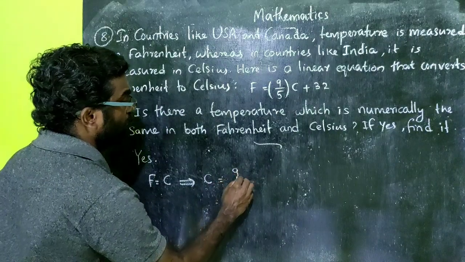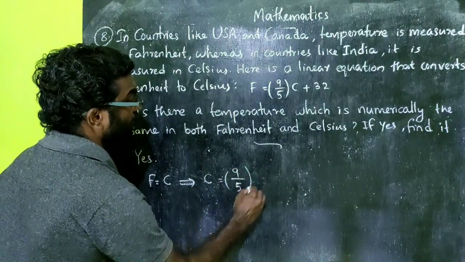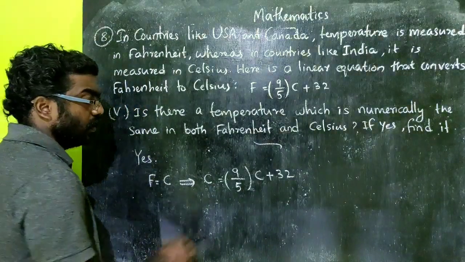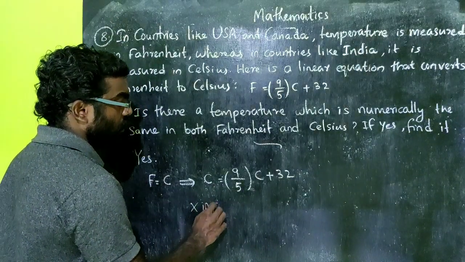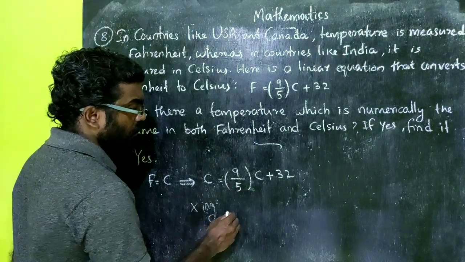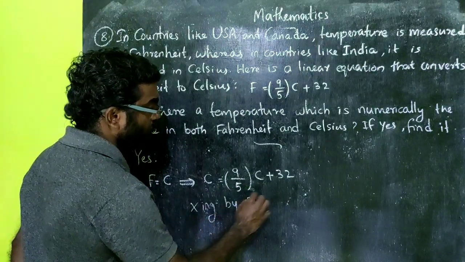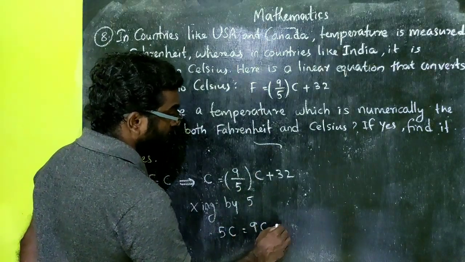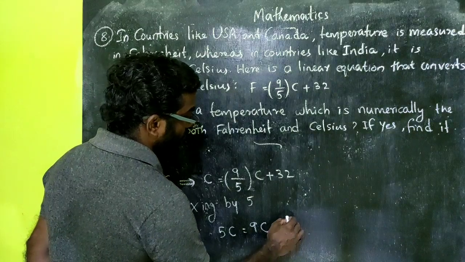So C is equal to 9 by 5 C plus 32. Clear? Now we can multiply the whole equation by 5 in order to clear the fraction. Multiplying by 5, 5C is equal to 9C plus 32 into 5, 160.